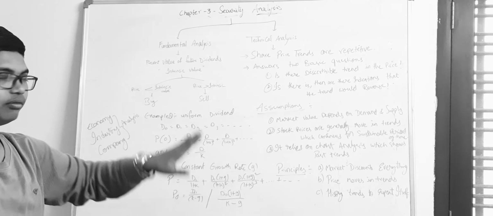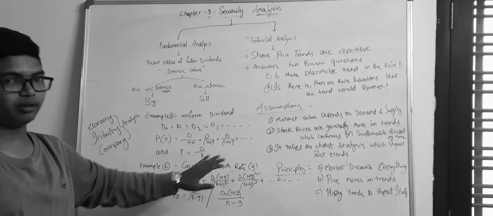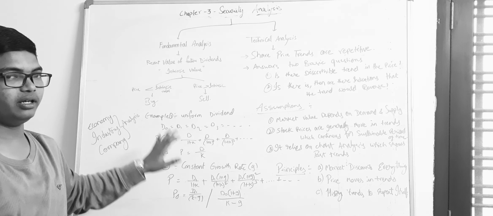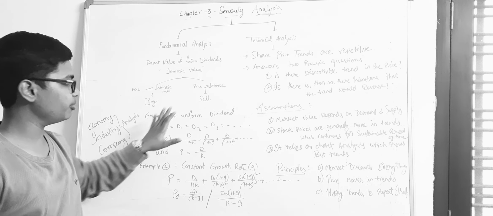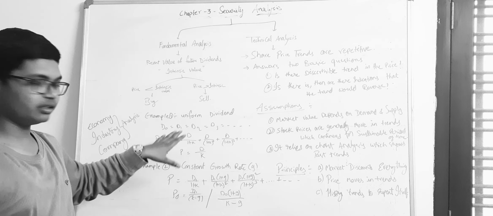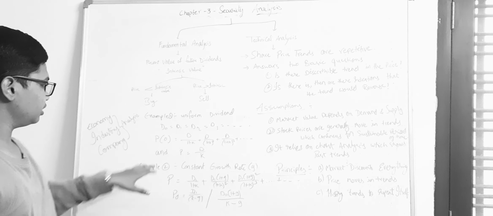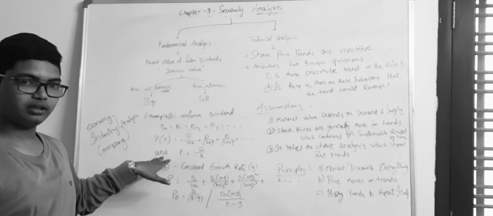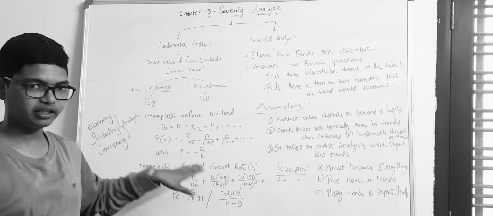This is the formula for calculating the intrinsic value of a stock when uniform dividends are given. It can be simply shown as P equals D by K.